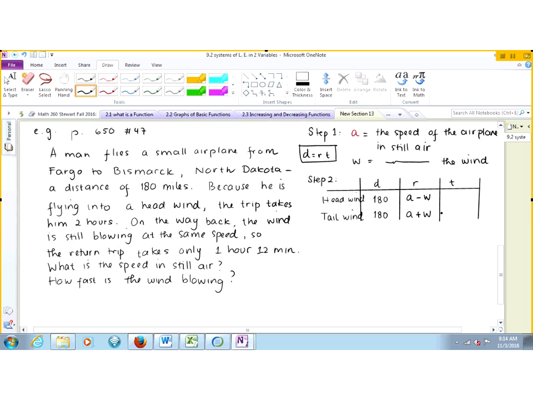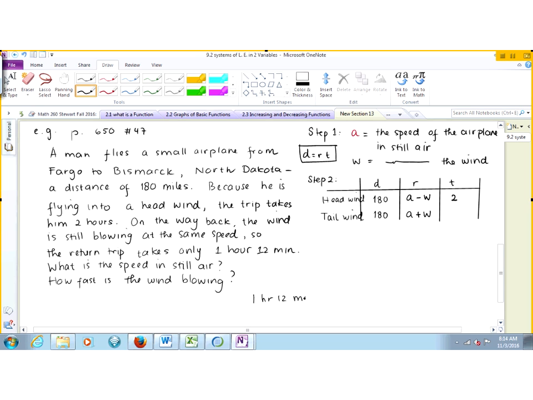Now, do we know the time? Yes, for the headwind, it is 2 hours. So are we changing everything into hours, or do you want to change it to minutes? The speed is usually miles per hour, not miles per minute, so we need to change it to hours.